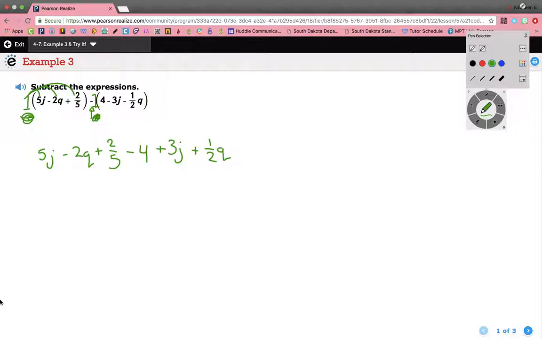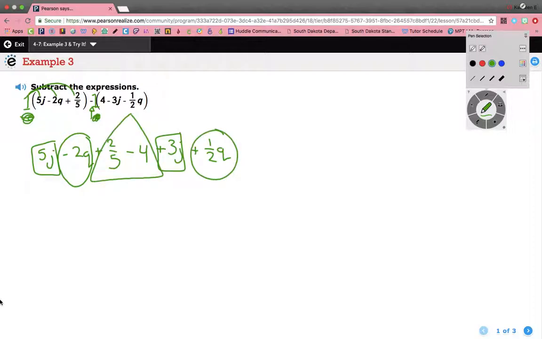So we have our like terms: j, j, q, q, constants. So 5j plus 3j is 8j. Then -2 plus 1/2.